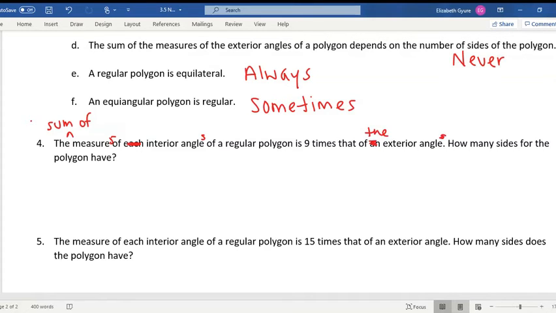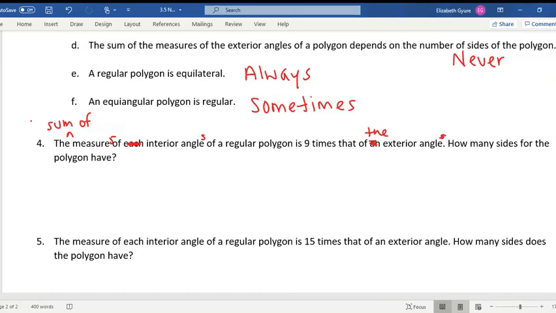Sorry about that. How many sides does the polygon have? So this is saying the sum of the interior angles is 9 times the sum of the exterior angles. How many sides does this shape have?